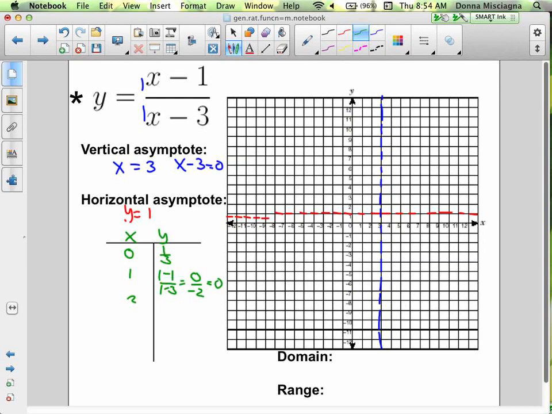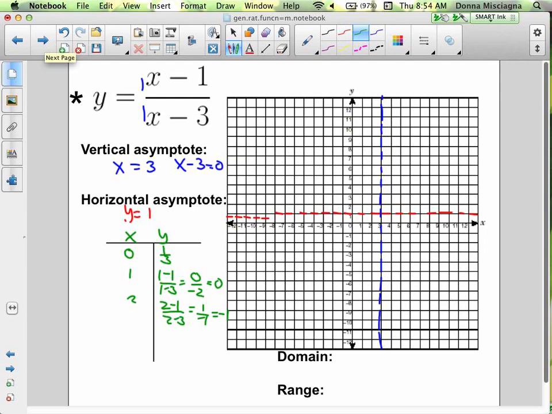That was a nice choice. Got an integer there. And 2, we'd have 2 minus 1 over 2 minus 3. That's going to be 1 in the numerator and negative 1 in the denominator. So that's just negative 1. We got two integers.